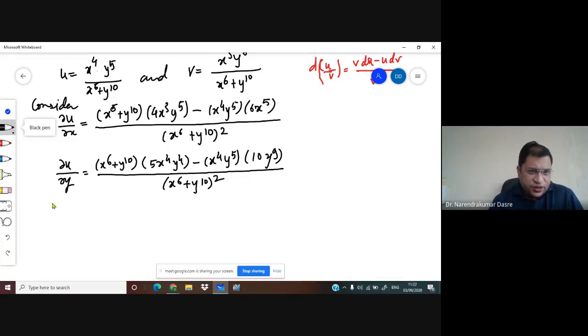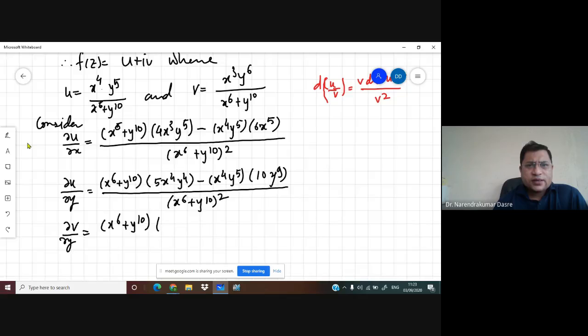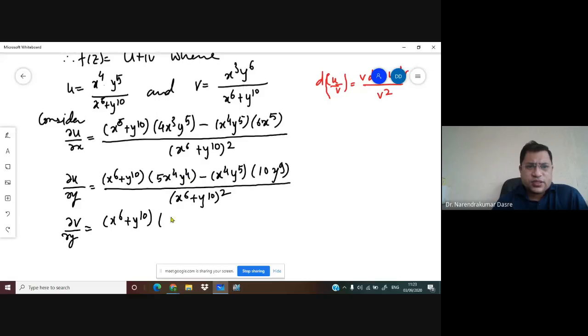we have the next. So ∂v/∂y, using the same formula, we are able to find x raised to 6 plus y raised to 10 into, we are finding with respect to y. So here you can see it is going to be y raised to 6.